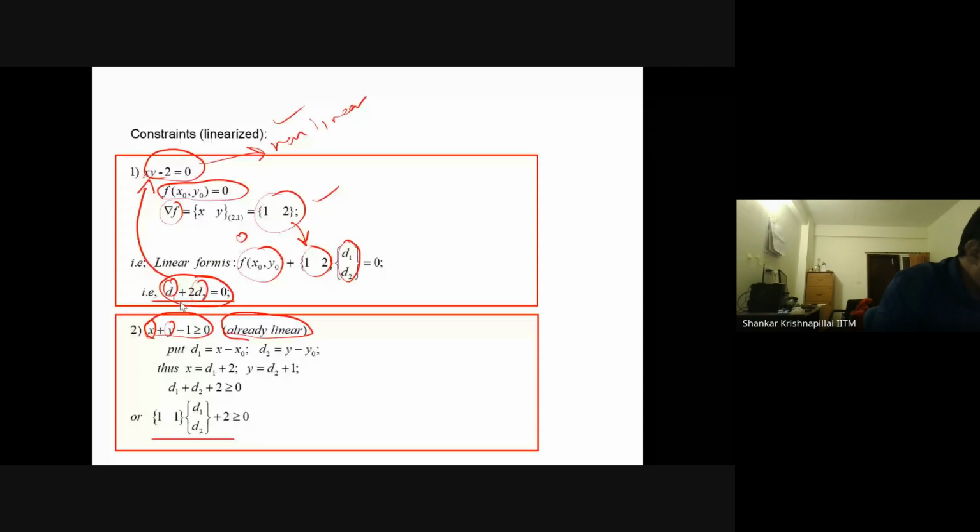So if you put x equal to D1 plus 2 and y equal to D2 plus 1, then this will be converted to D1, D2. So two linearized constraints are there, this is number 1 and this is number 2.